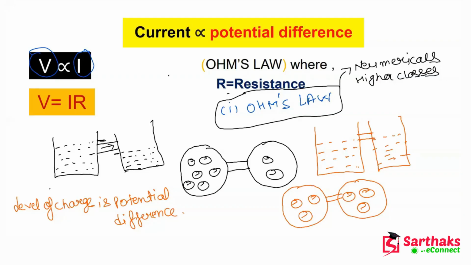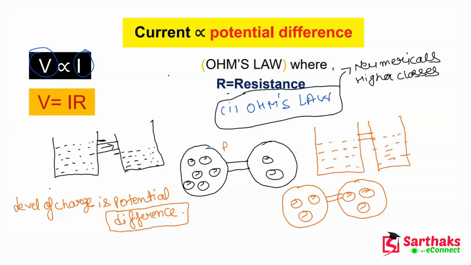So a difference of levels can be seen here, and that is why the water was flowing. But in this case, the potential difference, or the difference between the levels of water, is zero. So no water is flowing.